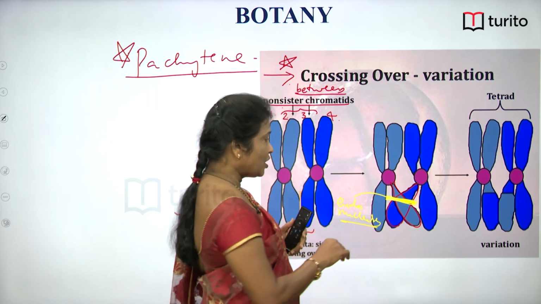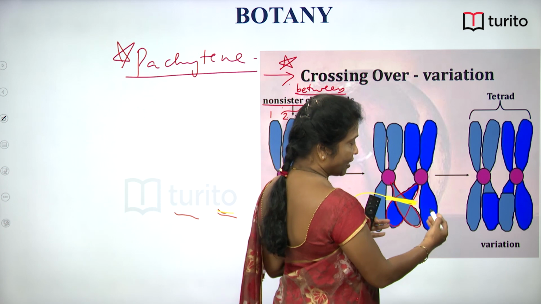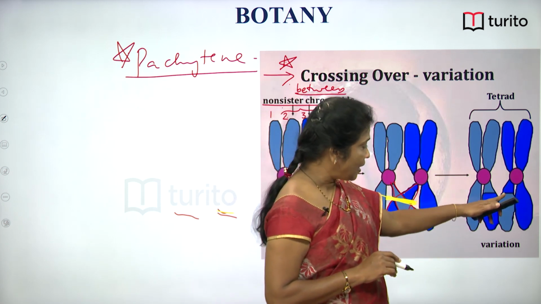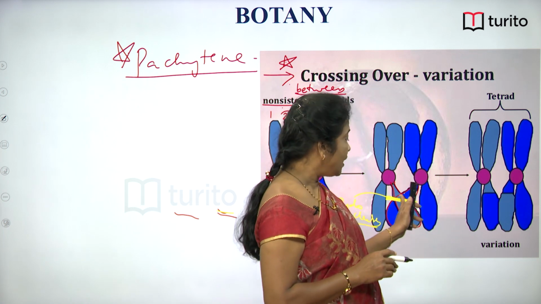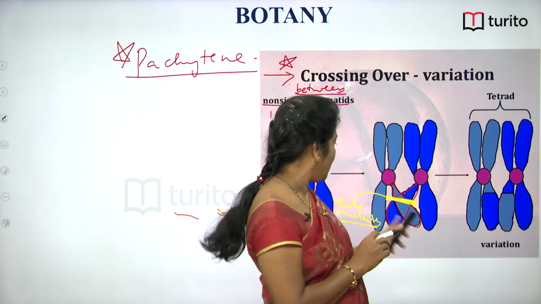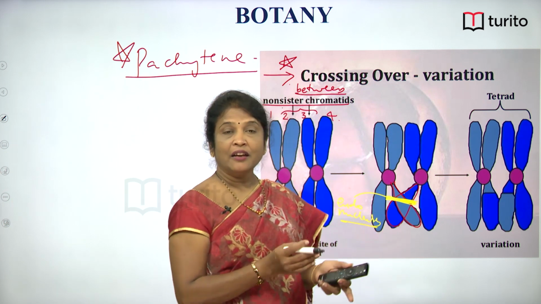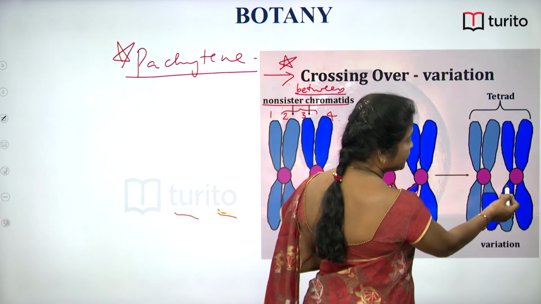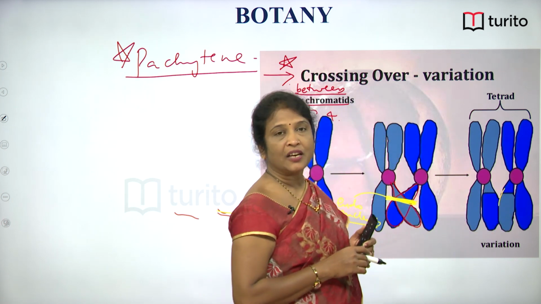Later, as they break, they rejoin at the same region. The chromatid segments which are broken by endonucleases are rejoined. But at the time of rejoining, exchange of chromatid segments takes place.